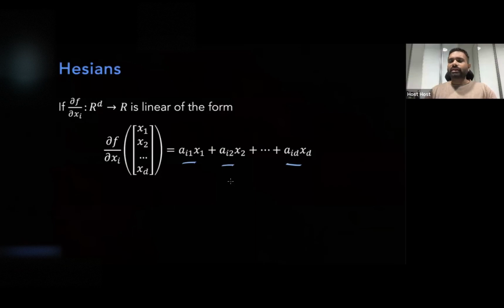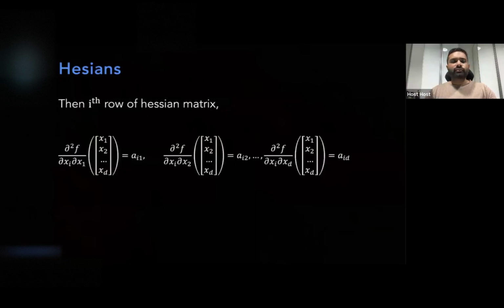If all the partial derivatives have this kind of form, I'm assuming this. It will not happen every time, but if it has this, then can we say something nice about the gradient? So what will be the ith row of a Hessian matrix? As per our understanding, the ith row of a Hessian matrix, take del f by del xi.